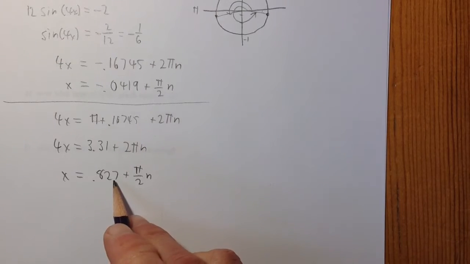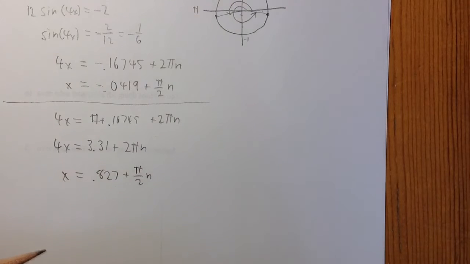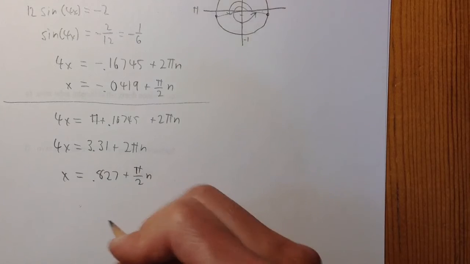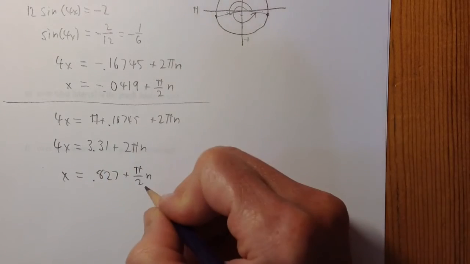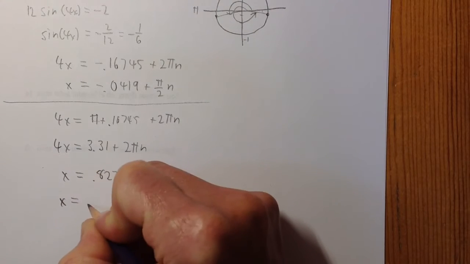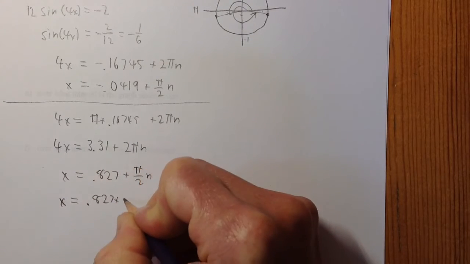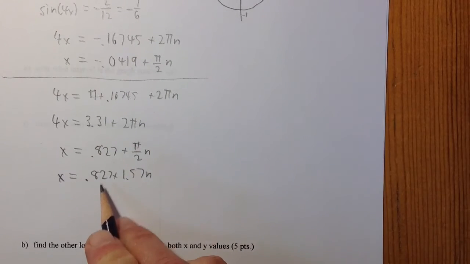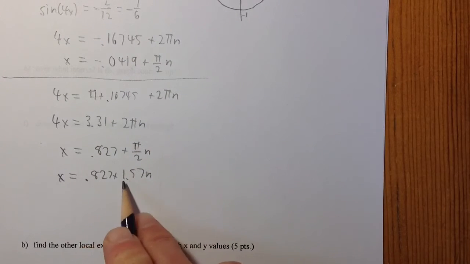Well, 0.827 does, so n equals 0 does, and pi over 2, let's figure out what pi over 2 is, because it's 1.57, right, half of 3.14. So this is 1.57, so I'm going to rewrite that as a number we can make more sense of. 0.827 plus 1.57n. Okay, 0.827 works. If we add 1.57, that's definitely too big.